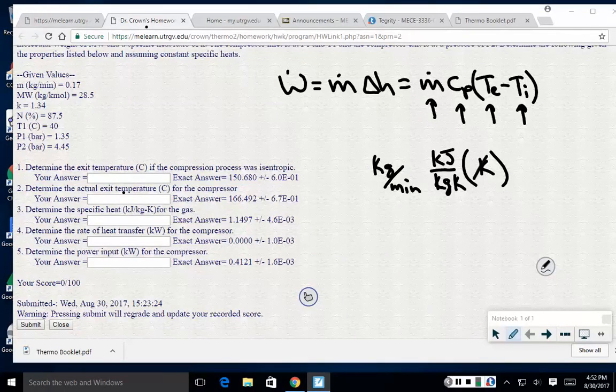So Kelvin will cancel, kilograms will cancel, and we'll get kilojoules per minute, so we need to multiply by 1 minute over 60 seconds, and the minutes cancel, and we'll have kilojoules per second.